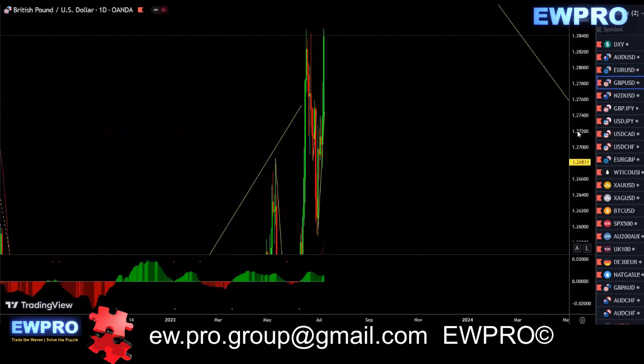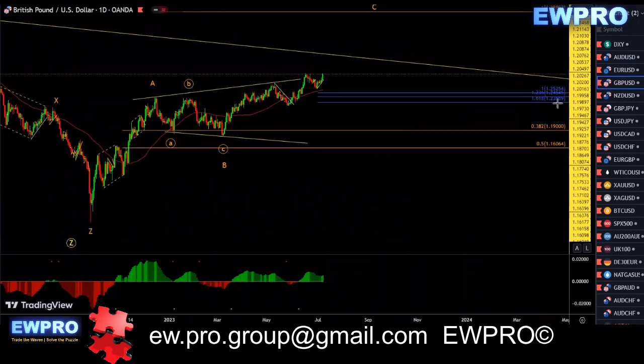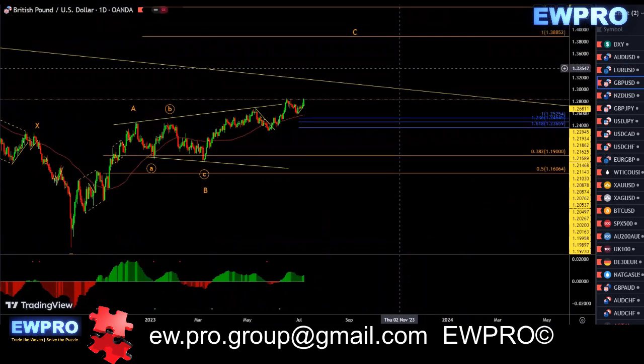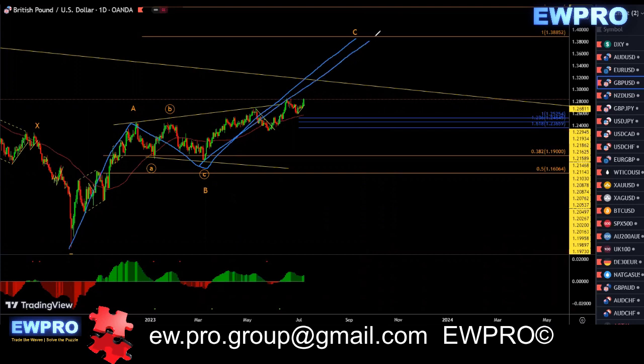GU on the daily. This is getting quite complicated. I'm looking at that like A, B, C, and we get an extended wave in the wave C. Like I've been mentioning for weeks now, we get a WX, Y, X2, Z up to that 100 pip.